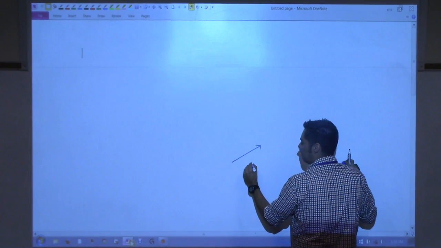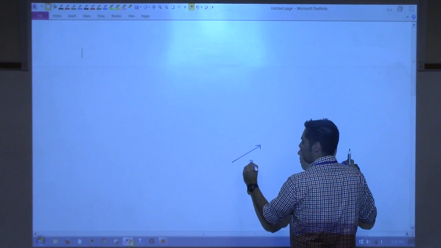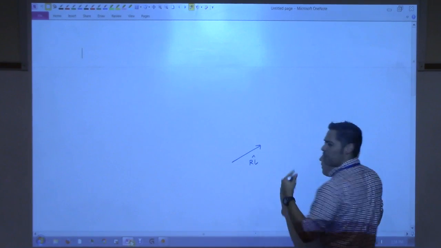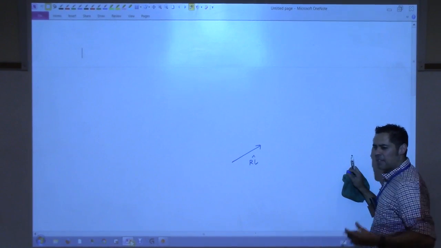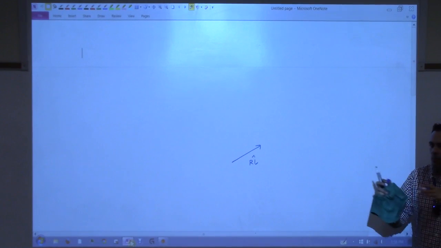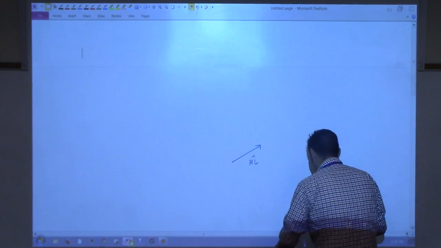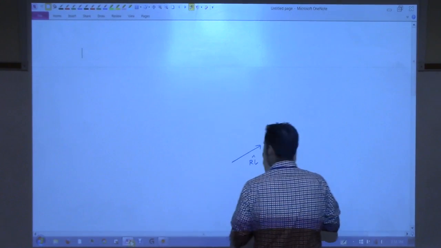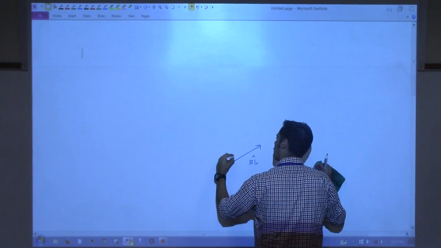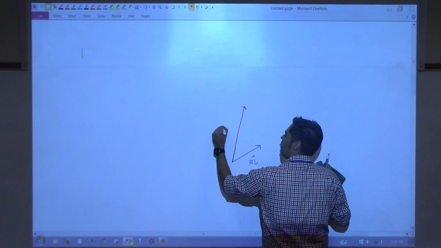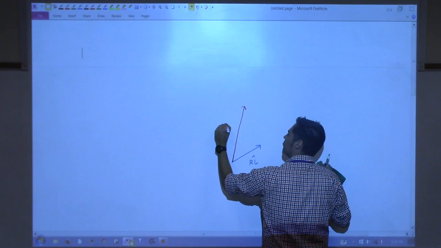I'm going to call it R i hat. R for Robert. i hat because you kind of think of it the same way as i hat. Then I'm going to make another vector over here, and I'm going to call this one R j hat. Okay?